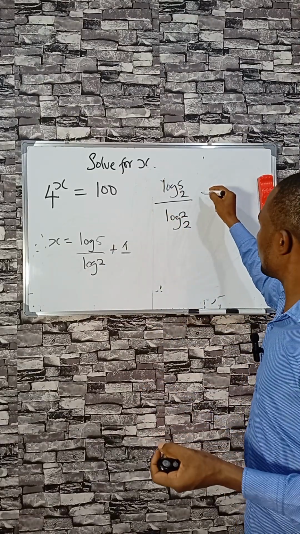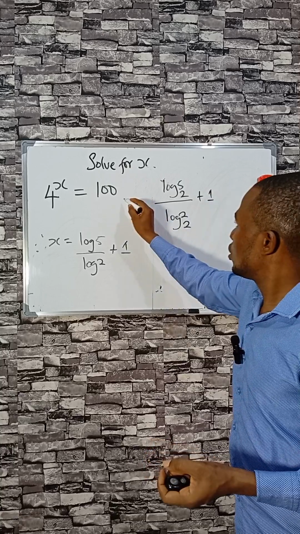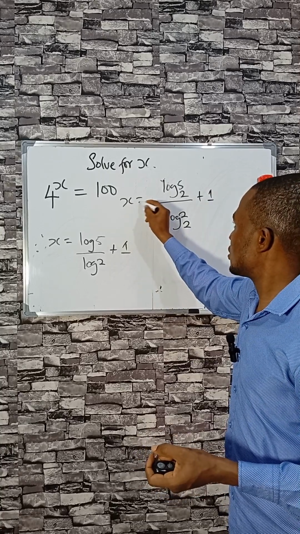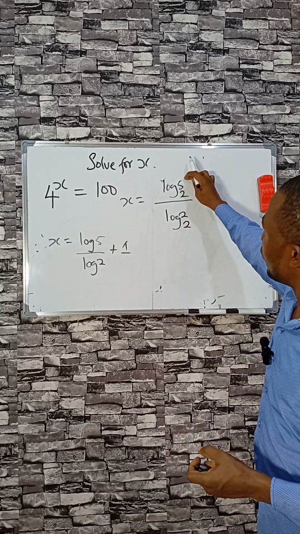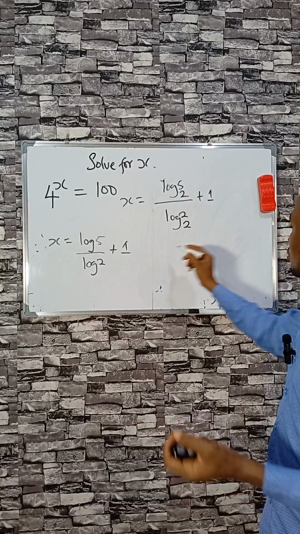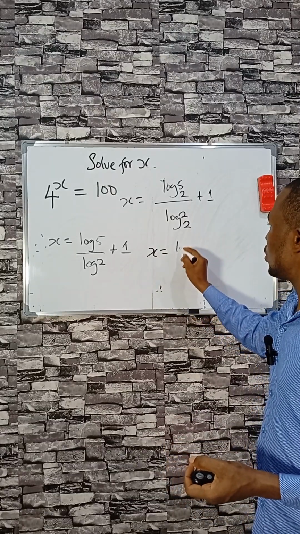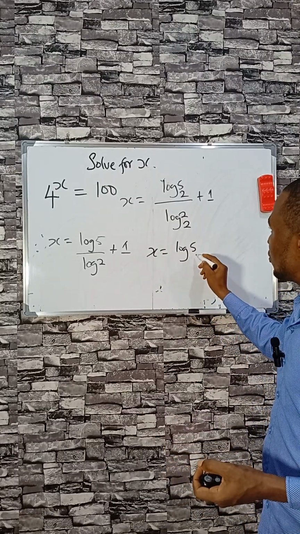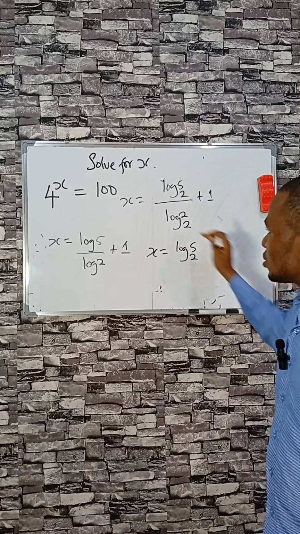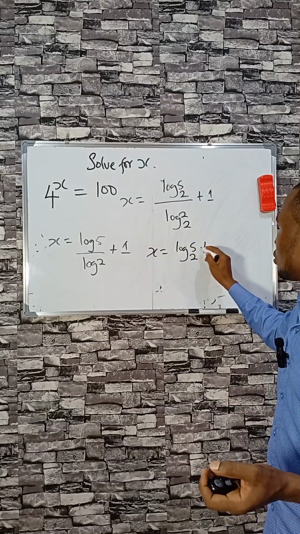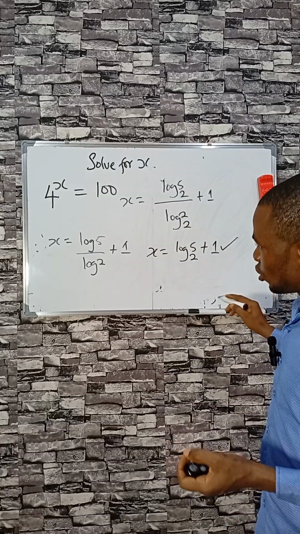And it's equal, plus 1, equals what? x. Now log 2 base 2 is 1. So we have x as log 5 base 2 divided by 1, plus 1. You can stop here.